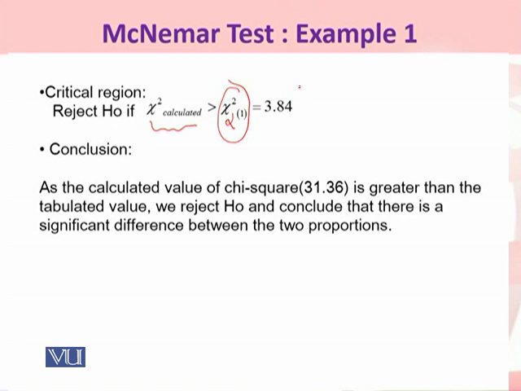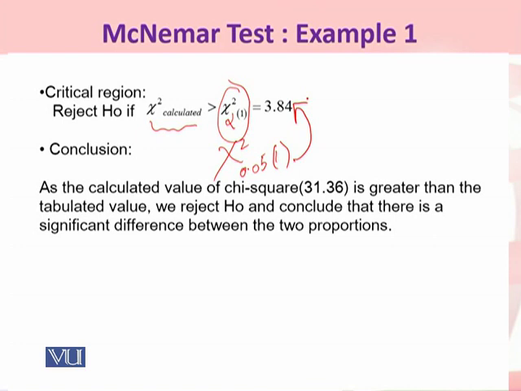If you go to the table and look up chi-square 0.05 against 1 degree of freedom, that value will be 3.84. Now the last thing we have to do is make a comparison between the calculated value and the tabulated value we obtained from the chi-square table.